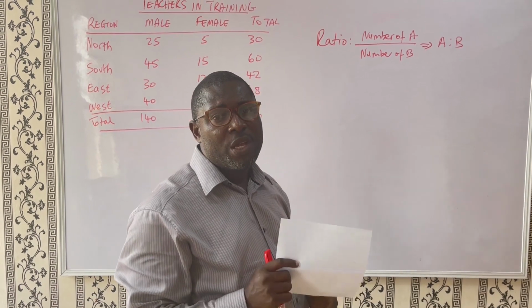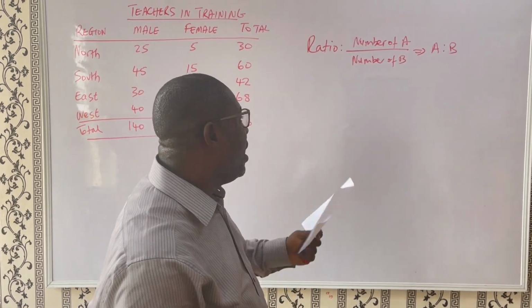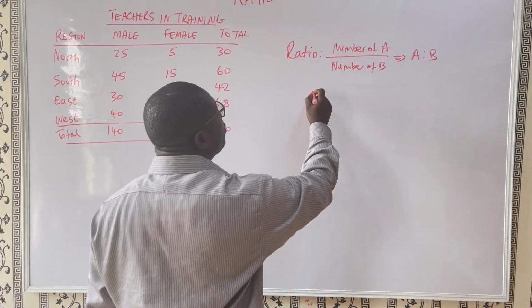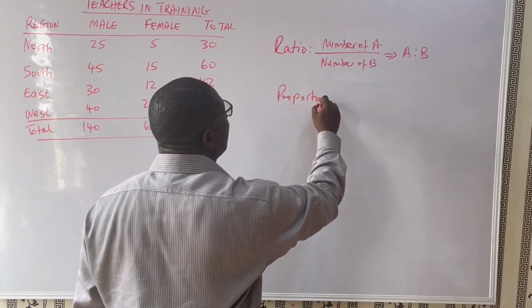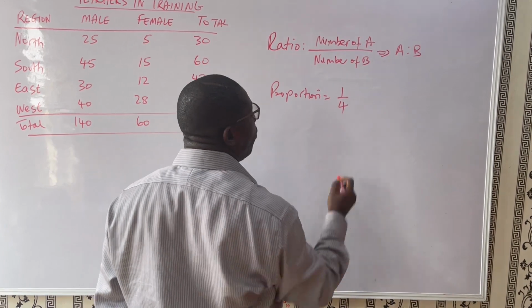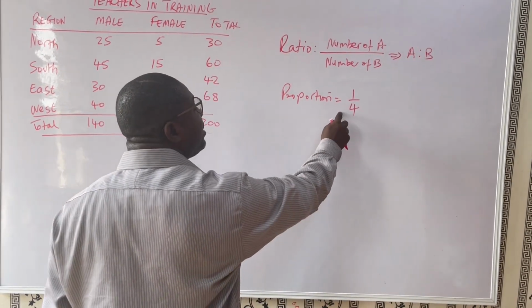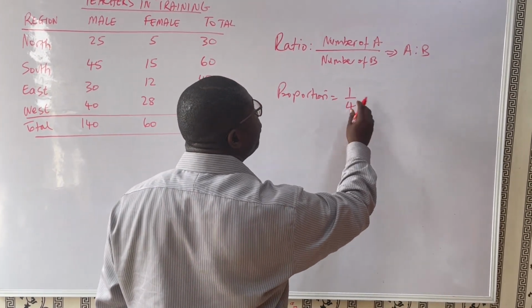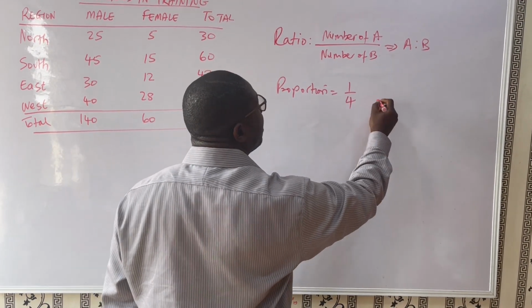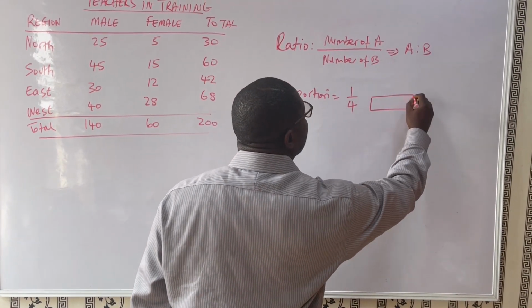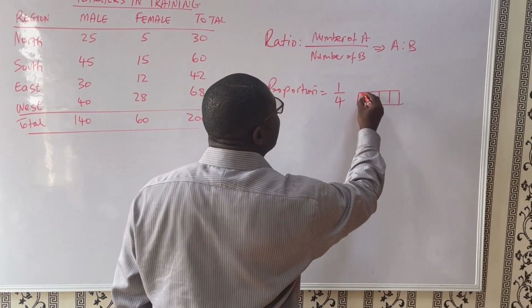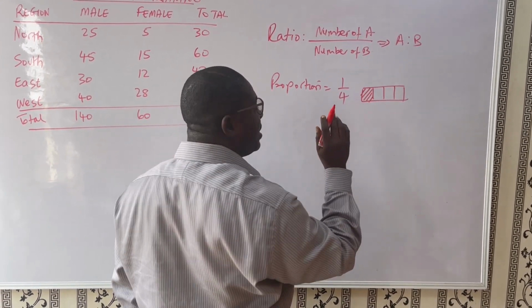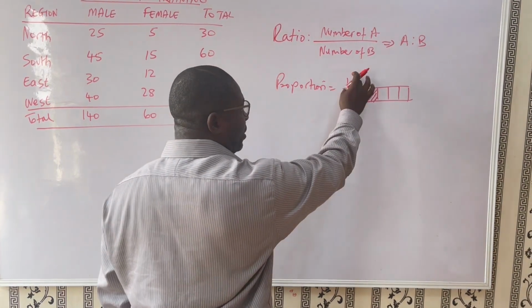For example, if you present proportion as 1/4, this is saying that you have 4 parts, 1, 2, 3, 4, and one part is 1 part of the 4.